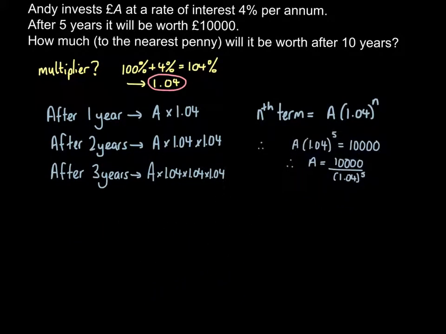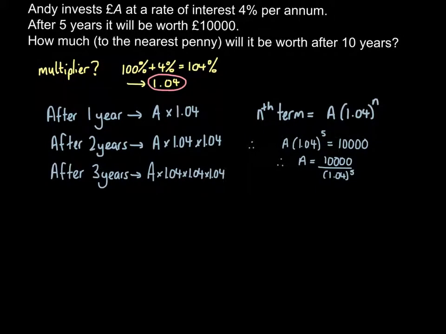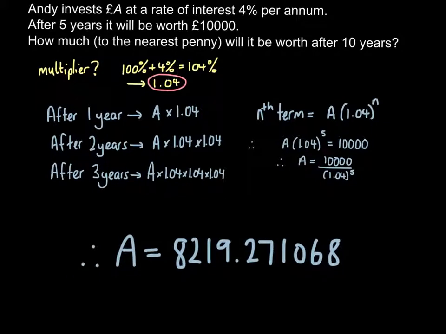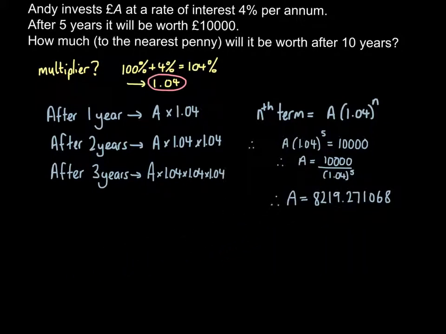Stick that into a calculator: 10,000 divided by 1.04 to the power 5 gives 8,219.271068. We could round that to 2 decimal places, so we know that he's invested £8,219.27. Just a bizarre amount to decide to invest.